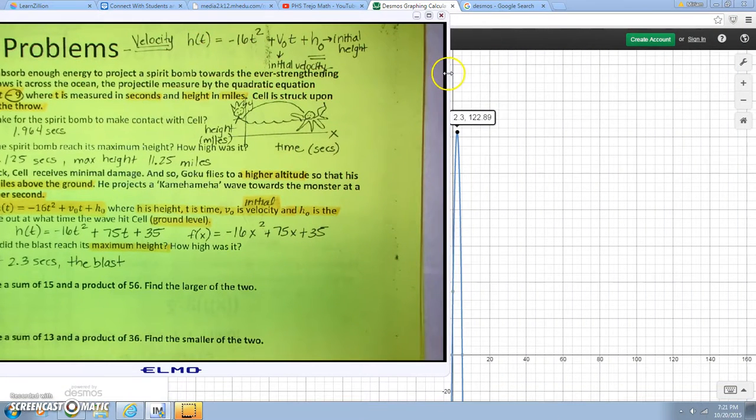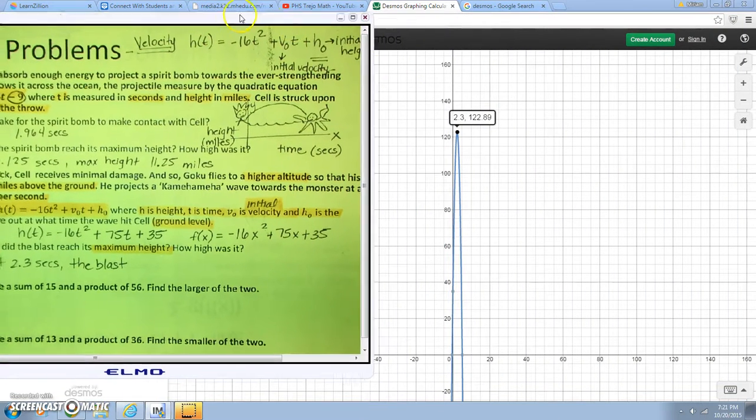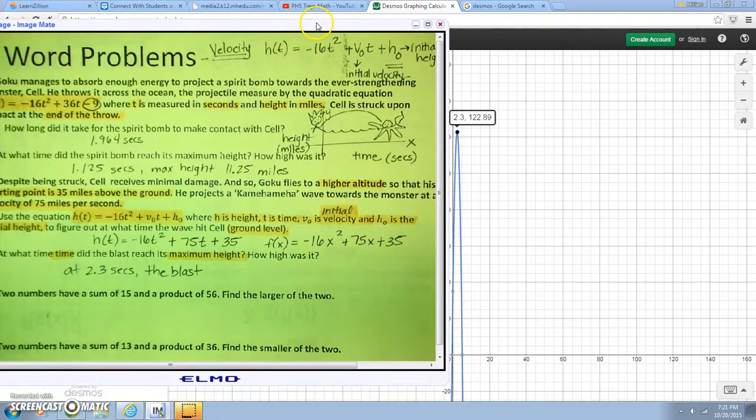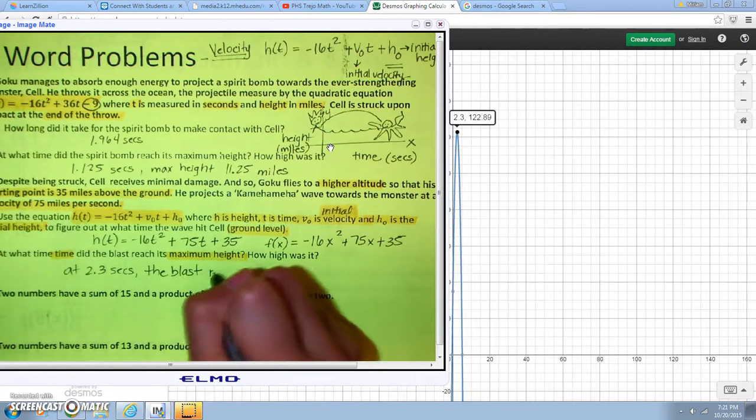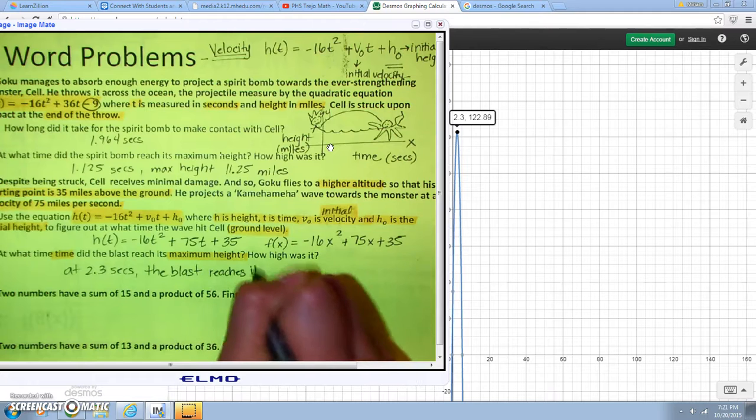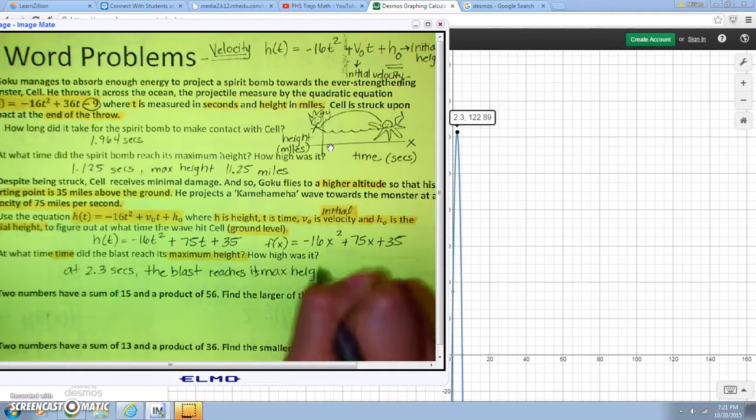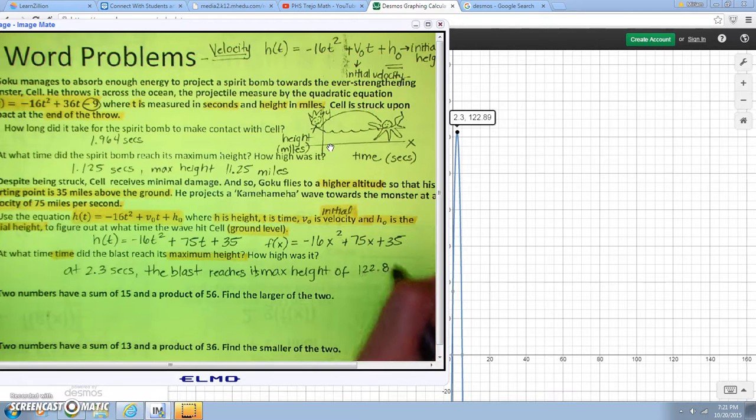I don't think I can squeeze both in there, but okay, so at 2.3 seconds, the blast reaches its maximum height of 122.89 miles. Okay, easy, simple.